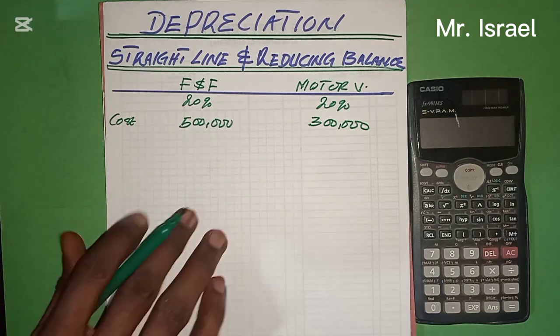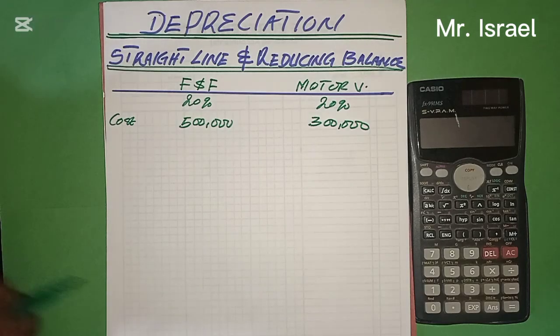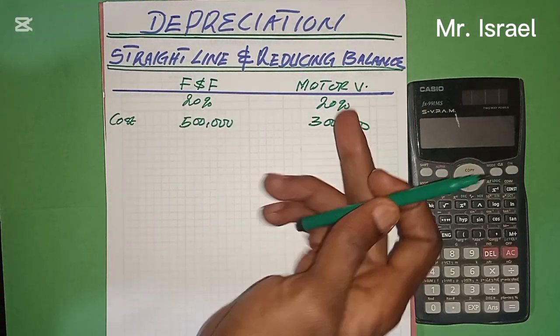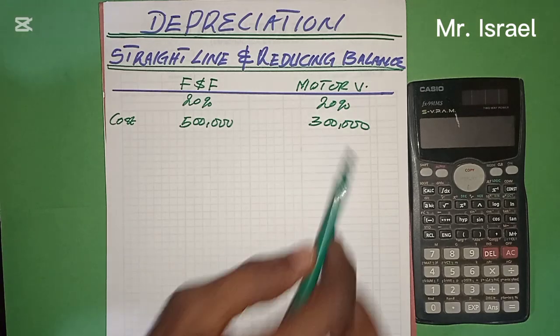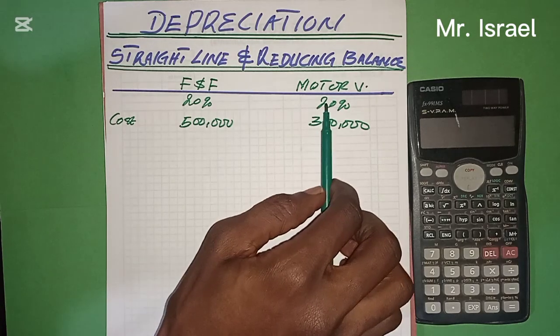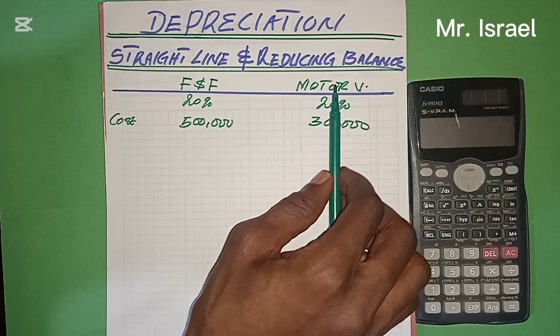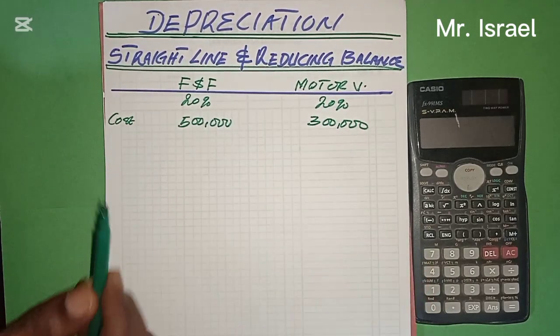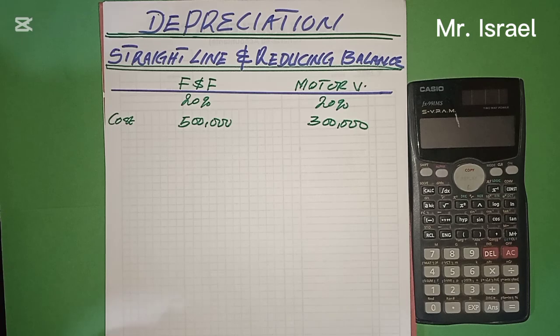Now this is the cost of the assets, and the percentage is 20%. For the purpose of this lecture, I'm using 20%. This is furniture and fittings, motor vehicle. This is the cost amount. Now this is assumed to be the first year.